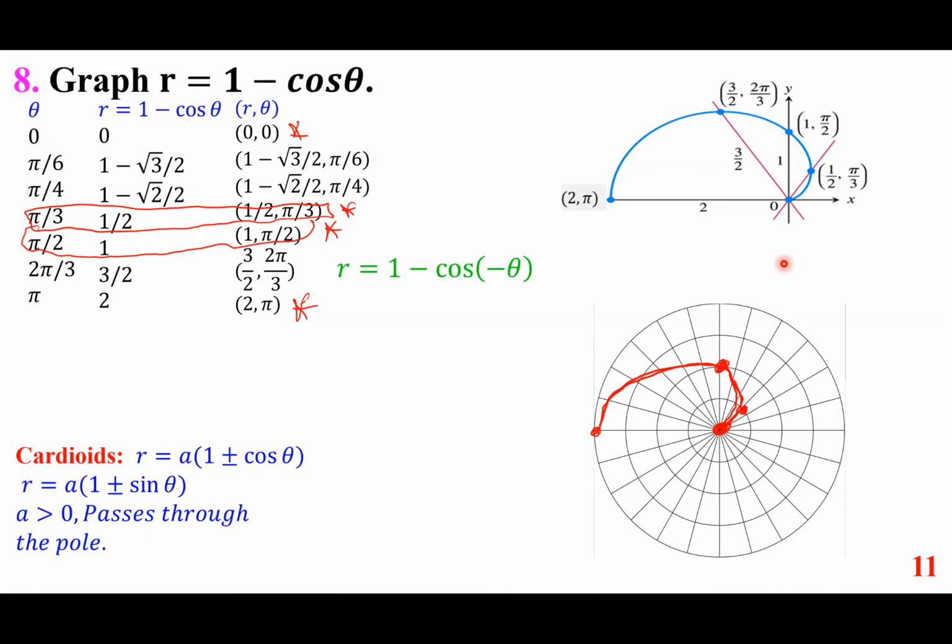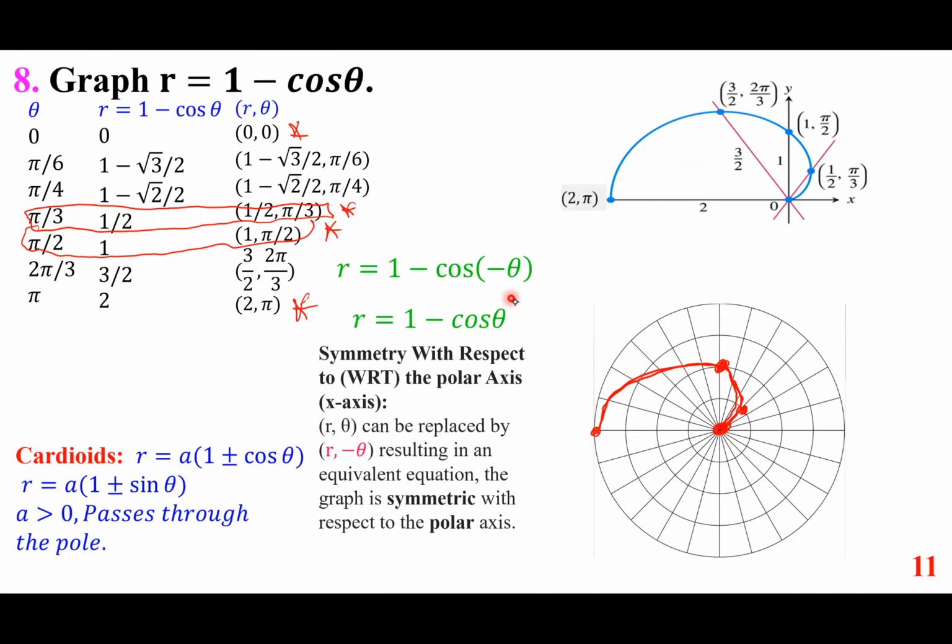If we want to discuss the symmetry, if we replace the theta with negative theta, it gives us the same, and therefore it makes it symmetric with respect to the polar axis. So this half looks the same, because it's symmetric with respect to the line, in essence, the x-axis.